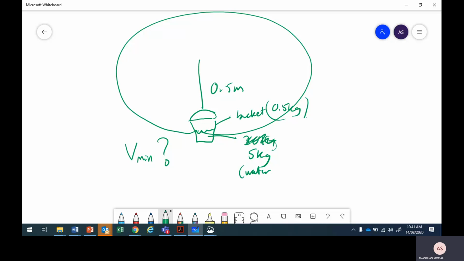If we consider both, since the water is heavy, wouldn't the water fall down first? Focus on the water. The question is, what speed must you whirl it at so that the water never spills down?